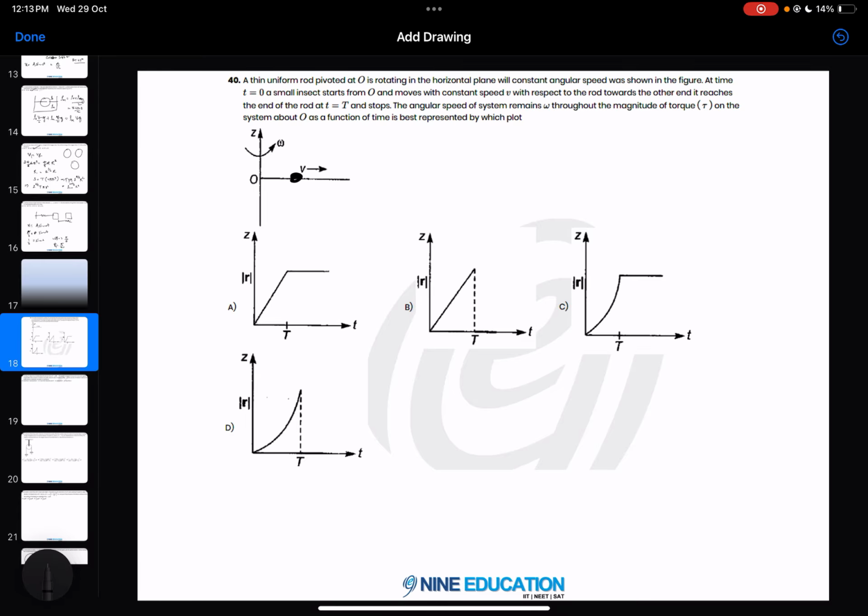There's a small insect which starts going away with constant speed. Now, on the rod, when the insect moves away, its moment of inertia is going to increase. Moment of inertia is moment of inertia of rod plus m capital R square, isn't it?